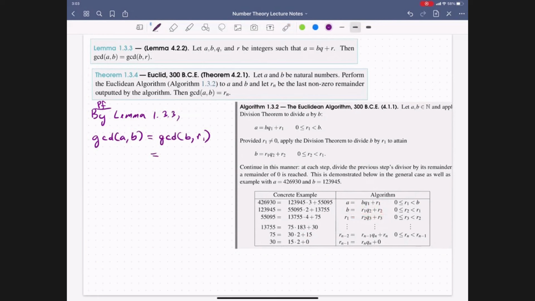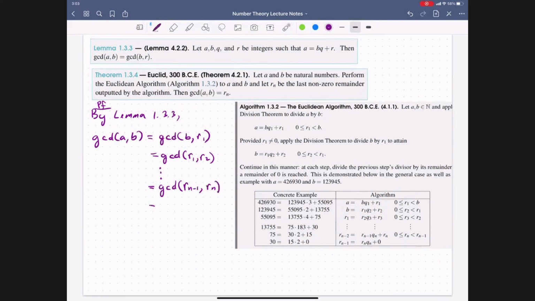So now we have that this is equal to the GCD of r1, comma r2. But if we continue in this manner, continuing in this manner gives us the following. That this is equal to the GCD of r sub n minus 1, comma r sub n.